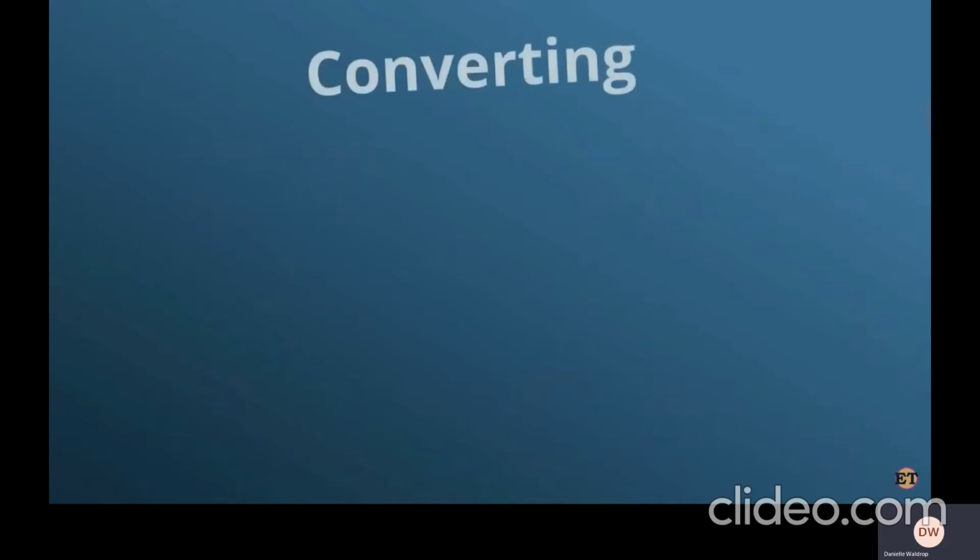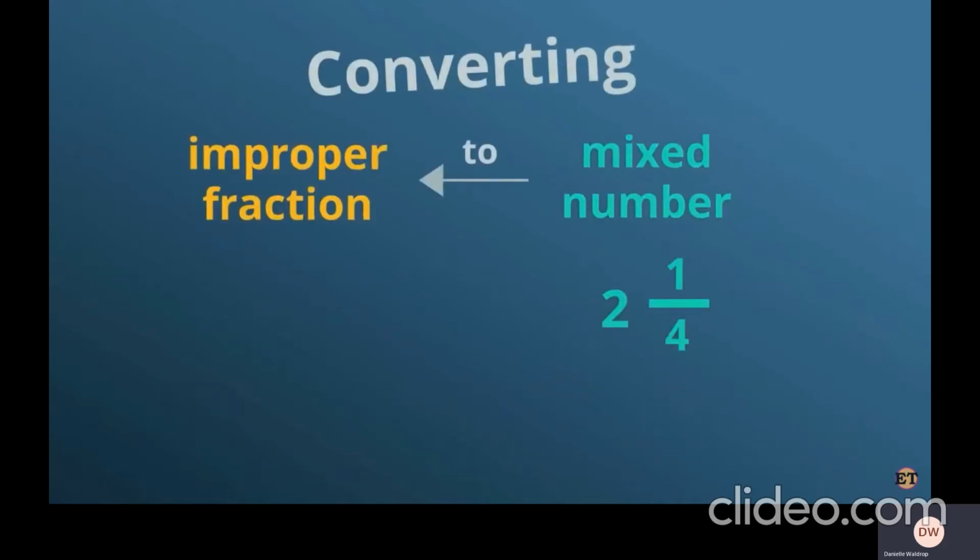We'll start by converting a mixed number, 2¼, into an improper fraction. First, we write down the denominator of the improper fraction. Because our mixed number is in quarters, our improper fraction will also be expressed in quarters. Then, we multiply the whole part of the mixed number by the denominator.